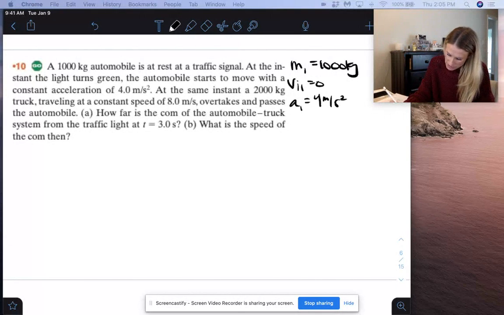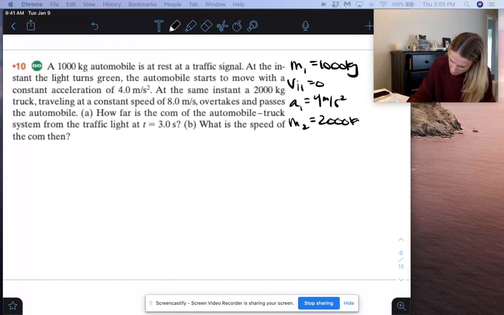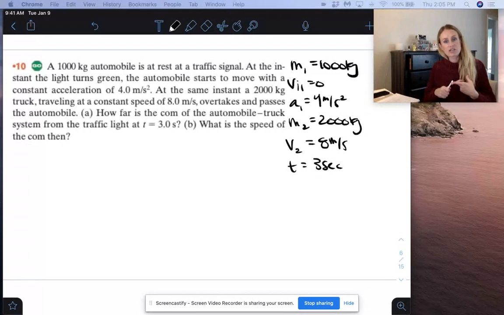Now they also tell me that mass 2 is 2,000 kilograms, and it is traveling at a constant velocity v2 of 8 meters per second. And then, of course, we're looking at this whole thing with the time of 3 seconds. So we want to find the position of the center of mass at 3 seconds and the speed of the center of mass at 3 seconds.